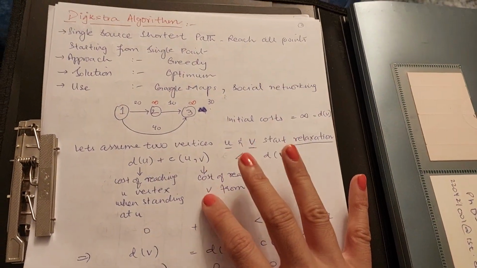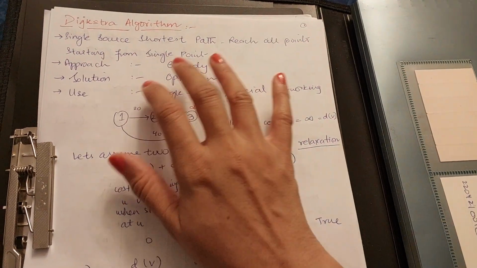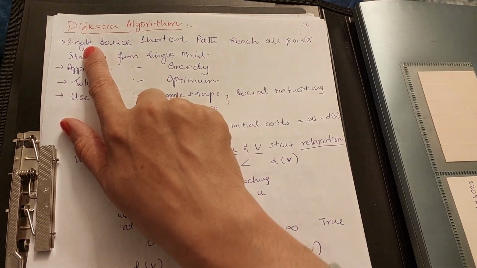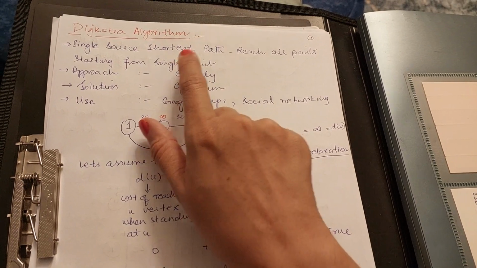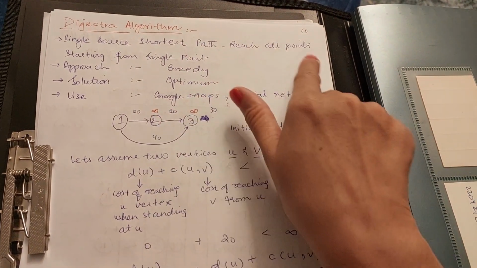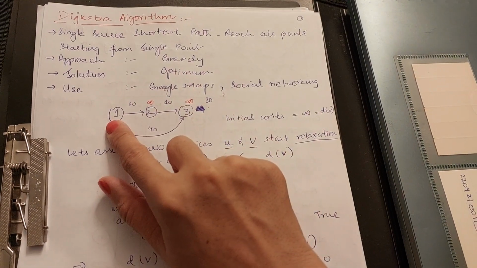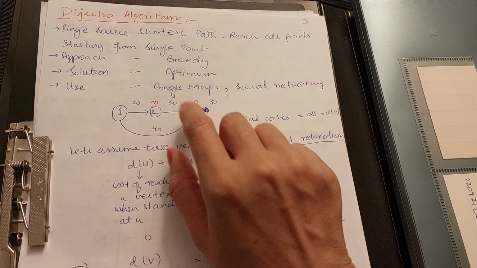So with this I conclude the overall understanding of the Dijkstra algorithm, that this algorithm always starts all its calculations from a single source. It wants to find out the shortest path to reach all the points in your graph. You have to start from single source, and one by one you try to reach all the nodes.